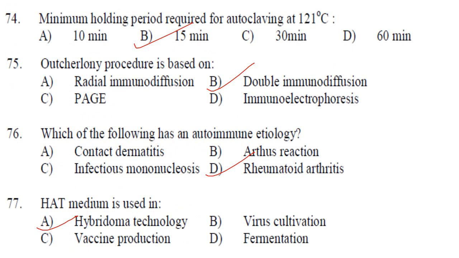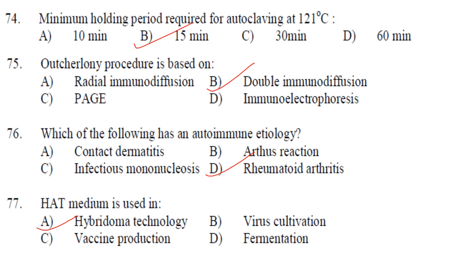Then minimum holding period required for autoclaving at 121 degrees is 15 minutes. Ochterlony procedure is based on... So Ochterlony double diffusion, immunodiffusion, it is an immunological technique used for detection, identification, quantification of antigens and antibodies. So it is based on double immunodiffusion.